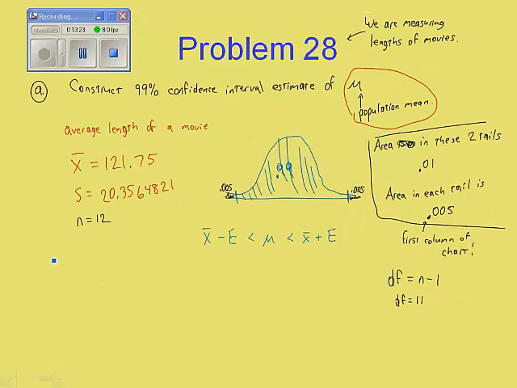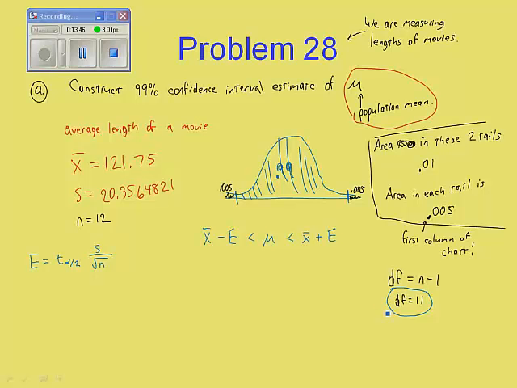So let me write that down before I even start. E equals t alpha over 2 times the fraction s over square root of n. Yeah, df is going to be 11 for our example.